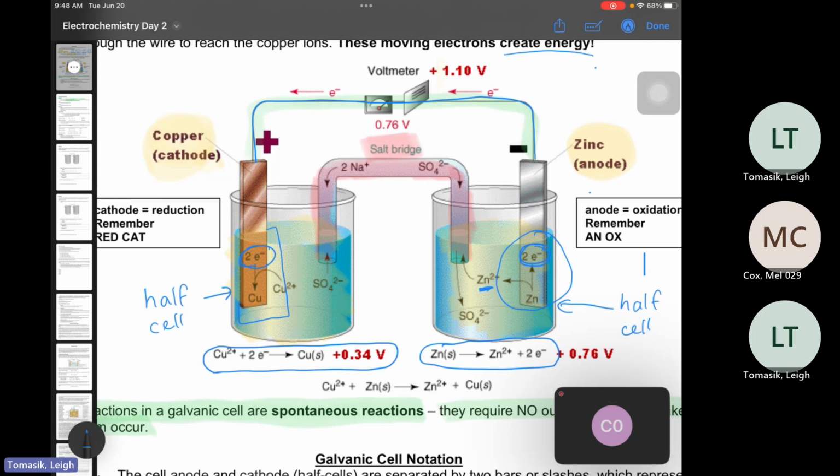So one part of the redox reaction is the zinc going from zinc metal to zinc ions and giving up electrons. And the other half reaction is going from copper ions to solid copper, and it's taking in electrons. Okay, so the electrons from the zinc half cell are traveling through the wire, and they're running the copper half cell.